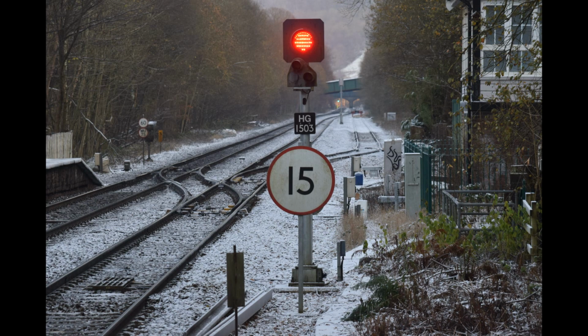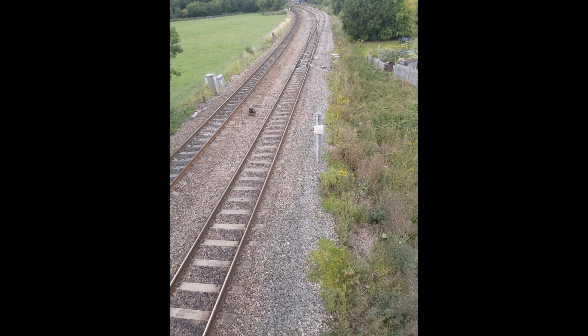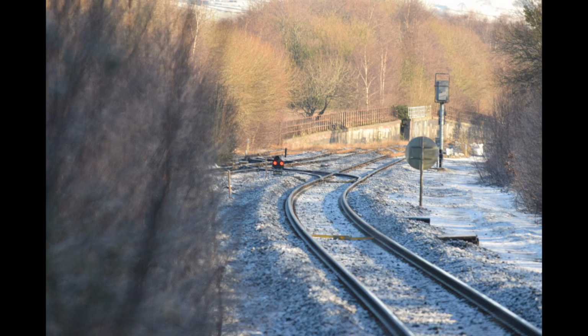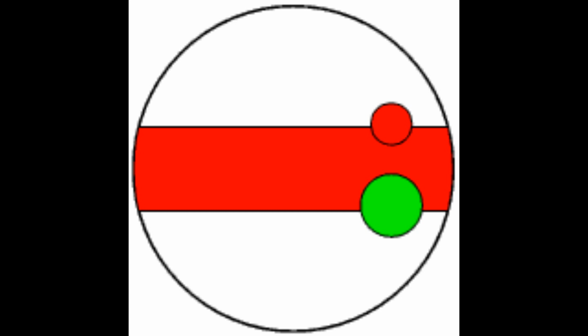So just like the signals that we have where we're using colour lights, these are being replaced by LEDs, and the LED signals now display two reds or two yellows side by side when they're on, and two white lights at 45 degrees when they're off. The meaning of these lights is the same as the mini semaphore arms or the ground discs that we use for shunting.